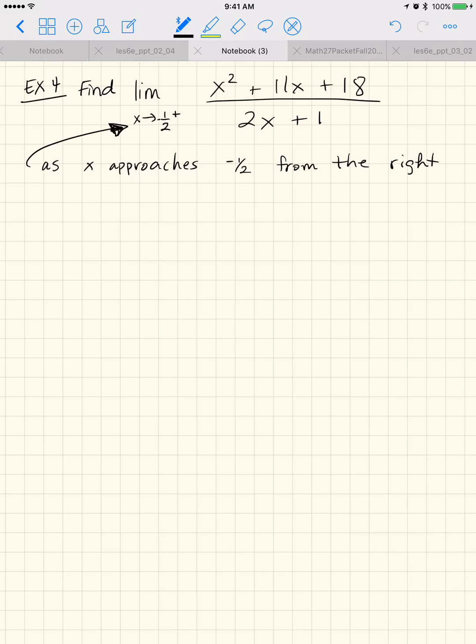Pretty much, again, I've got a rational function. I'm trying to take the limit of a rational function.